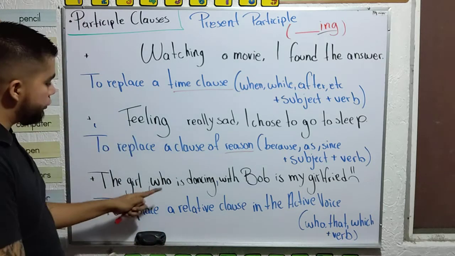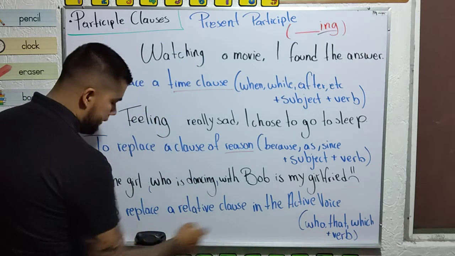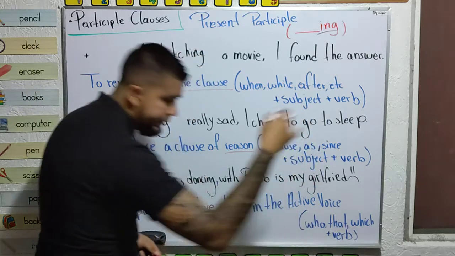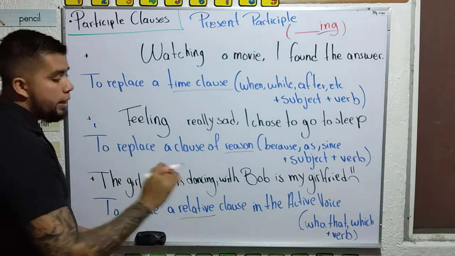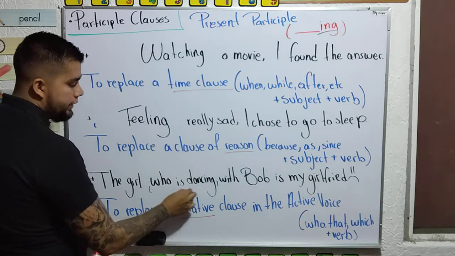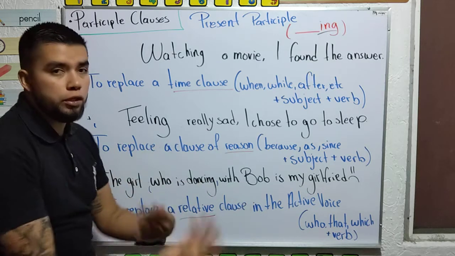So we're going to replace the relative clause. Who, that, which, where. You remember that? And the verb. In this case, who and is dancing. Remember, is dancing is the verb because it's the conjugation.